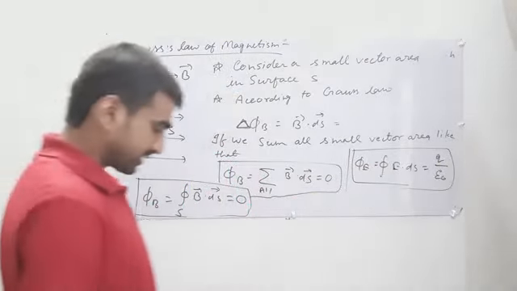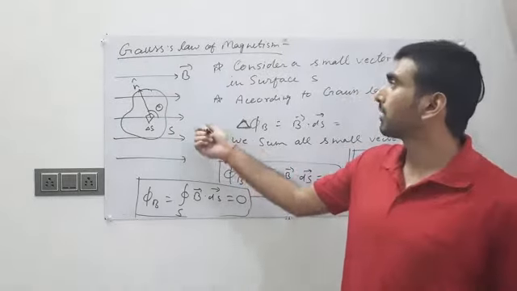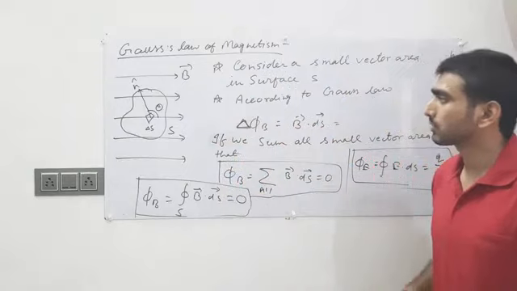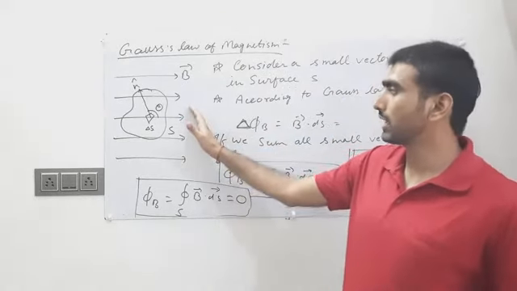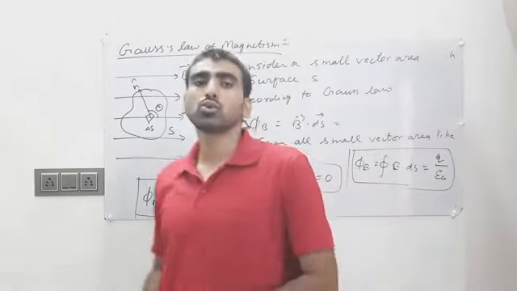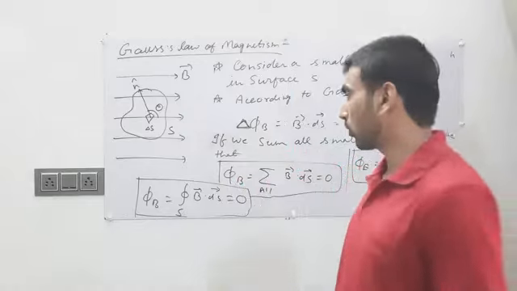Now, what can we estimate from Gauss law of magnetism? Because the total flux through any closed surface is 0, that means in magnetism there is no concept of monopole. Why?